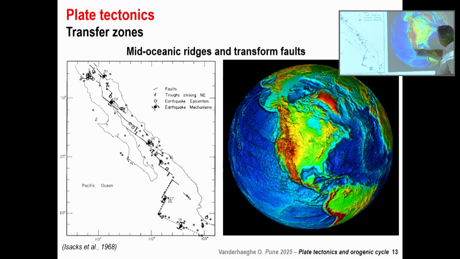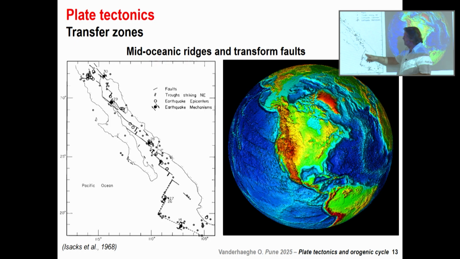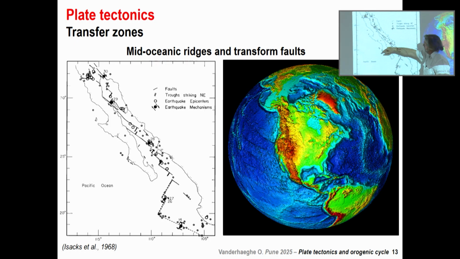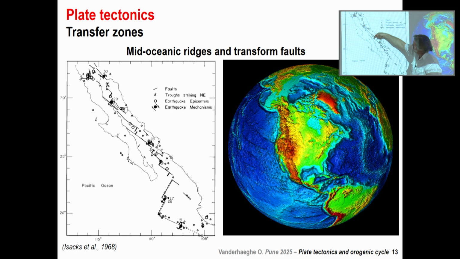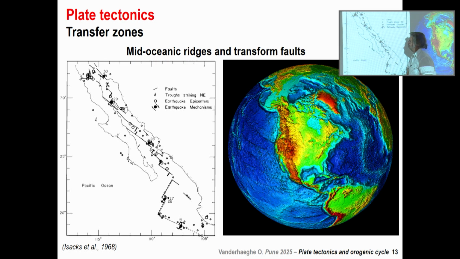Here's the San Andreas one that is going here from the mid-Pacific beneath or intersecting with North America. That's San Andreas, San Andreas fault. And you see that mid-oceanic ridges are represented like this, and transfer faults are like that, perpendicular to the ridge.